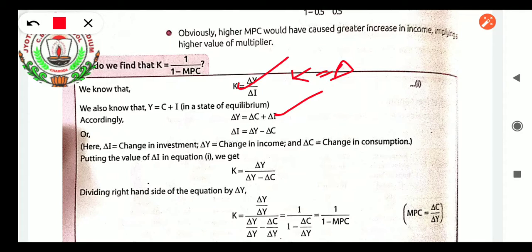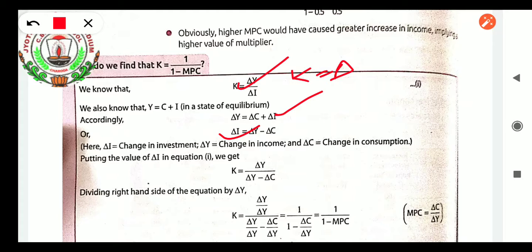Or if you know Y and C, can't we take I? Yes, definitely we can. So the formula will change: delta I equals delta Y minus delta C. Here delta I is change in investment, delta Y is change in income, and delta C is change in consumption. Putting the value of delta I in equation number 1, we get k equals delta Y divided by delta Y minus delta C.